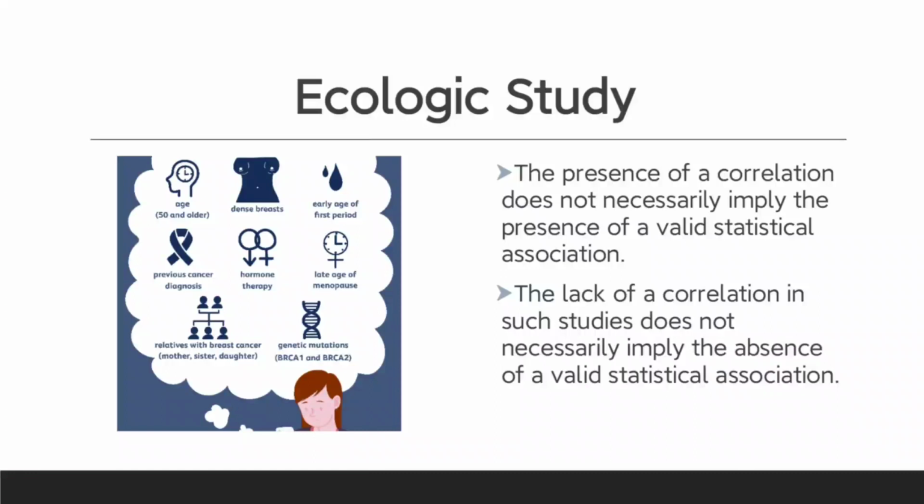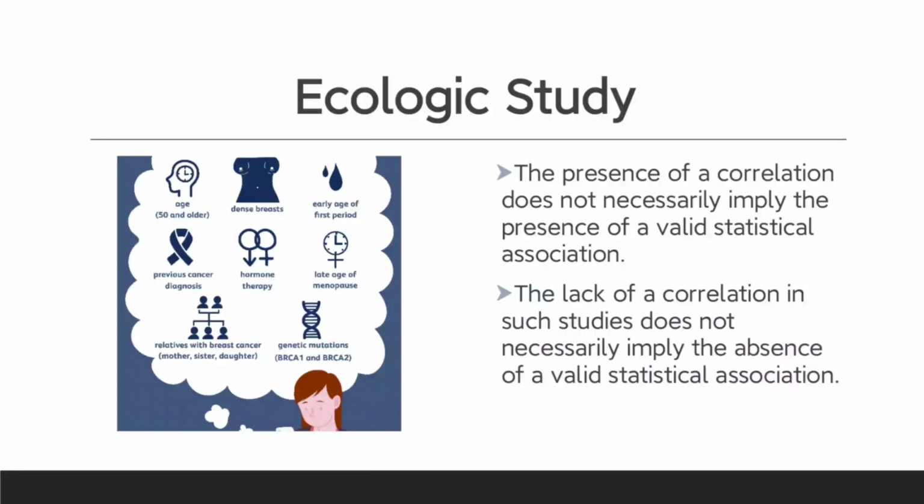In correlational studies, it is not possible to separate the effects of other confounding factors because we only have two main variables here. So the presence of a correlation does not necessarily imply the presence of a valid statistical association, and the lack of correlation in such studies does not necessarily imply the absence of a valid statistical association.